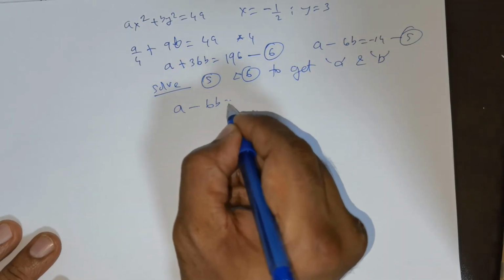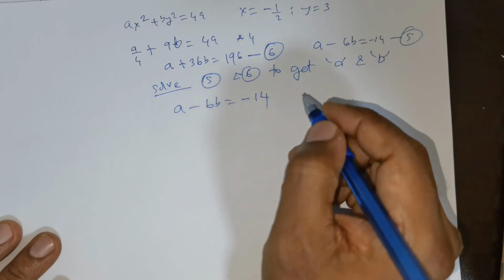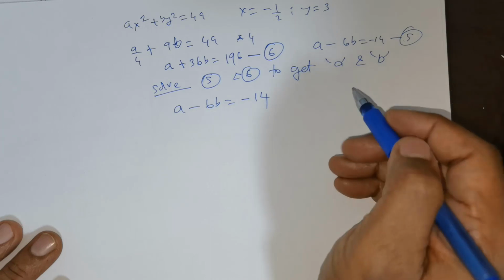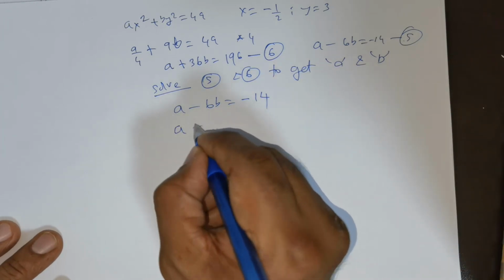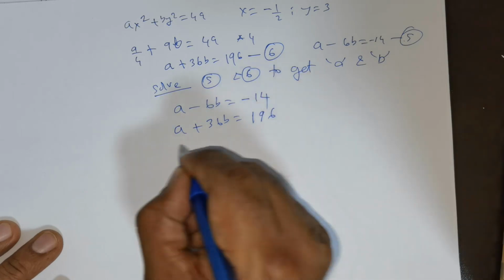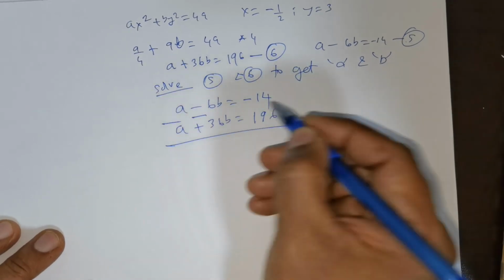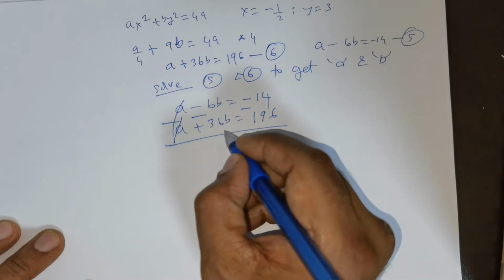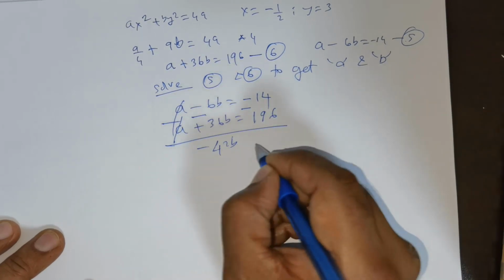So a minus 6b is equal to negative 14, right? And then a plus 36b is equal to 196. I change the sign, this is positive, I change the sign, this goes off. This is going to be 42b with the negative sign.